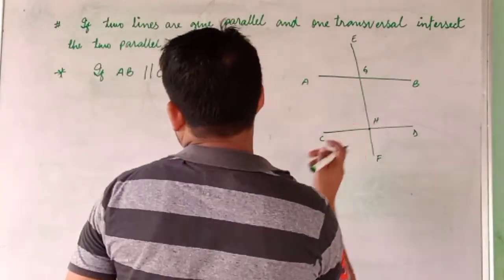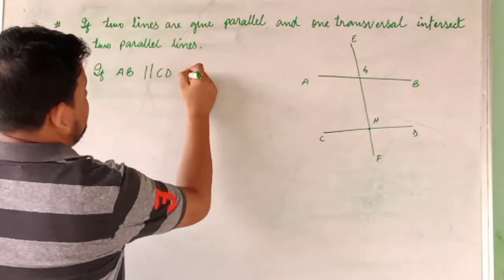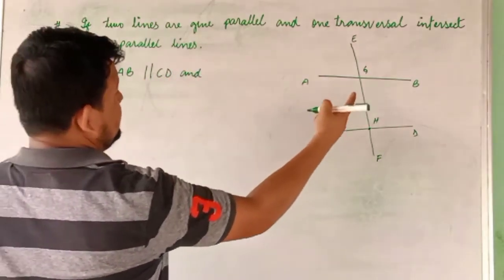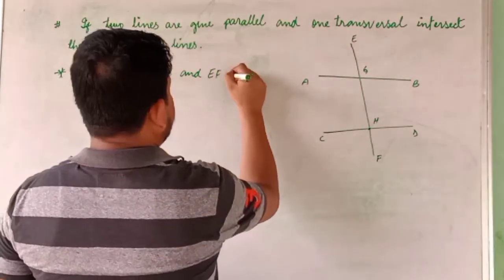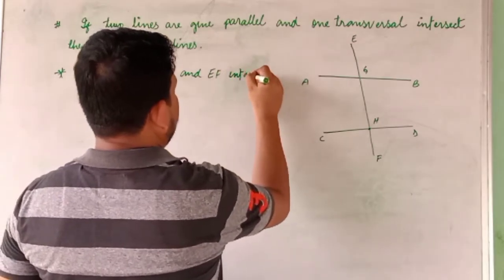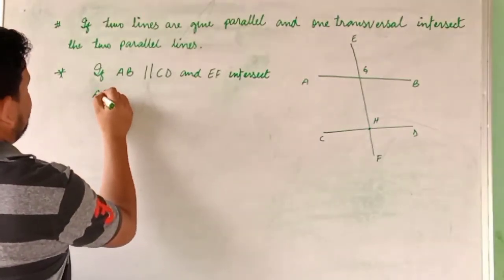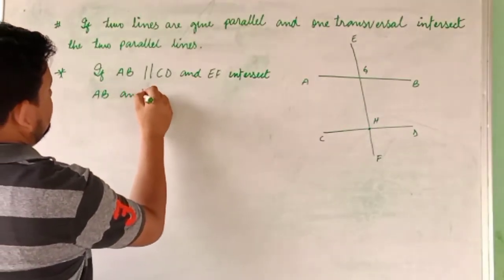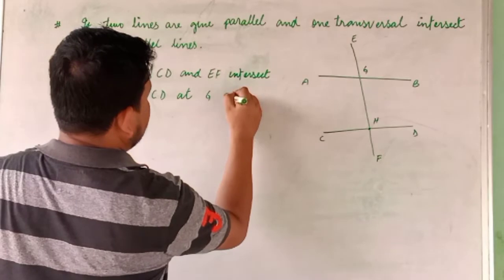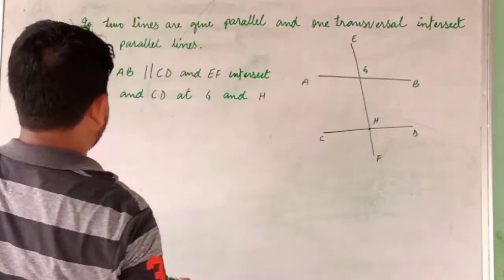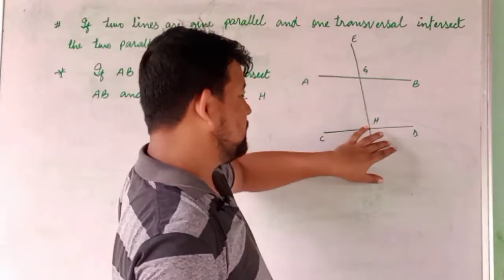So here, firstly, AB is parallel to CD, and let me write it clearly here, EF intersects AB and CD at G and H. If it is given to us like this, then what properties are we going to have here?